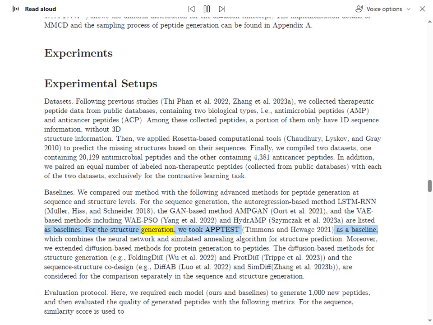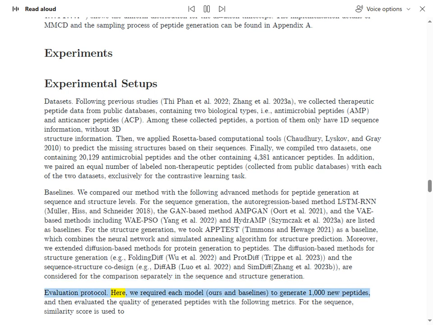For the structure generation, we took APTIST as a baseline, which combines the neural network and simulated annealing algorithm for structure prediction. Moreover, we extended diffusion-based methods for protein generation to peptides. The diffusion-based methods for structure generation, e.g., FoldingDiff and ProtDiff, and the sequence-structure codesign, e.g., DiffAB and SimDiff, are considered for the comparison separately in the sequence and structure generation.